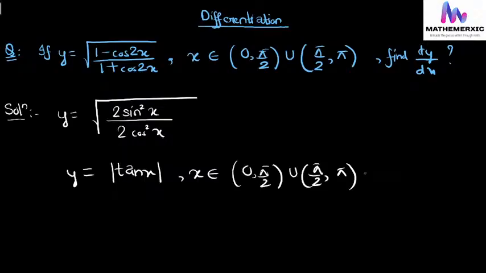So dy by dx of tan x is sec square x. 0 to pi by 2 is positive, and pi by 2 to pi we have an increasing function.